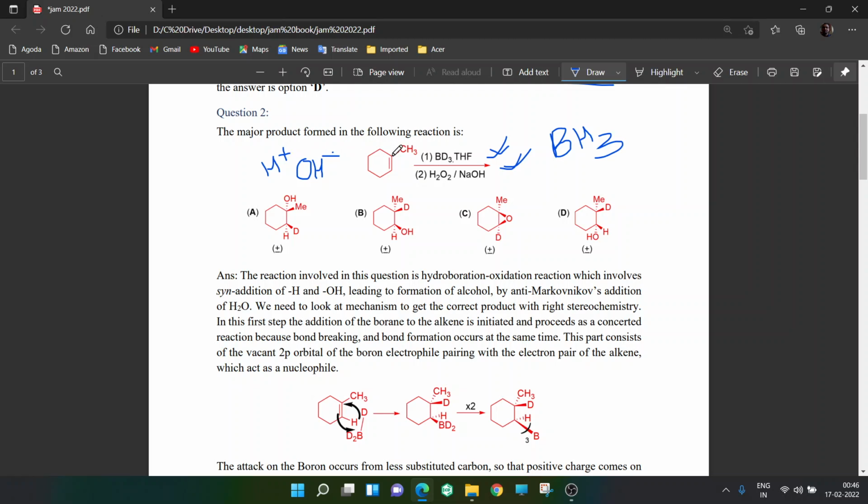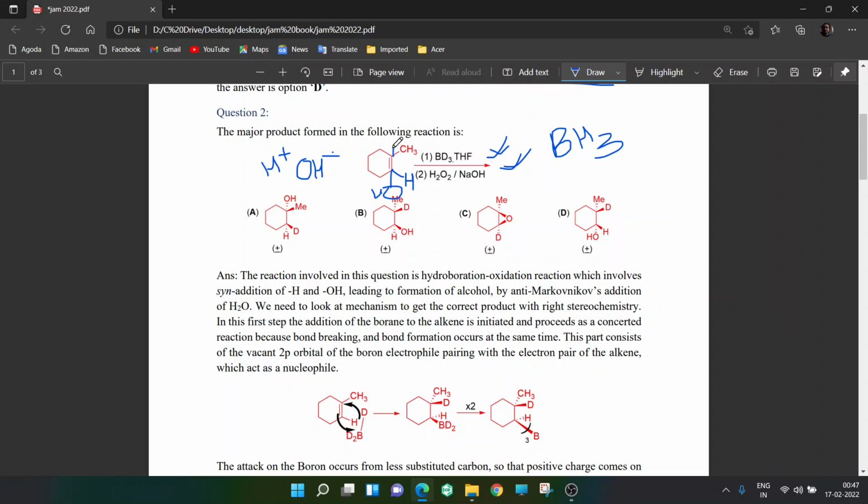On this carbon if you see there is 0 hydrogen, whereas if you look only at the alkene, this carbon has 1 hydrogen. So the negative part will go to the carbon having more hydrogen because we are following anti-Markovnikov's rule. So here OH will get added, and here H will get added.